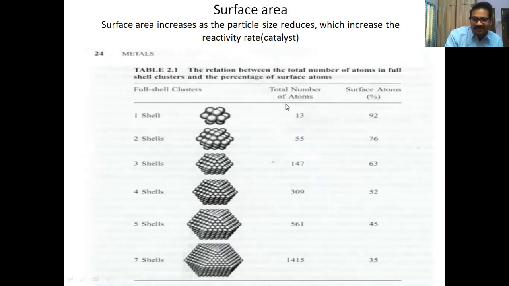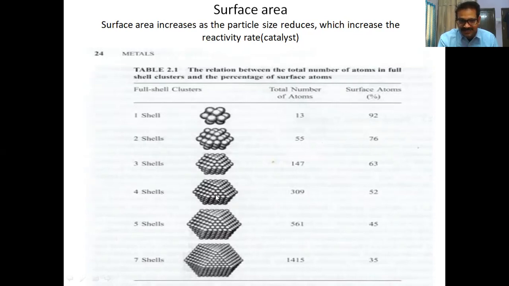The total number of atoms here is 13, and surface atoms, when you observe, are 92% of this 13, almost 11 to 12 atoms which are on the outside of the surface only. They are exposed to the surface. And with 55 atoms, only 76% of atoms are on the surface.